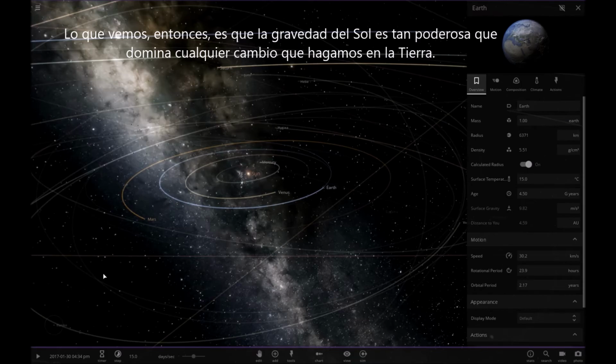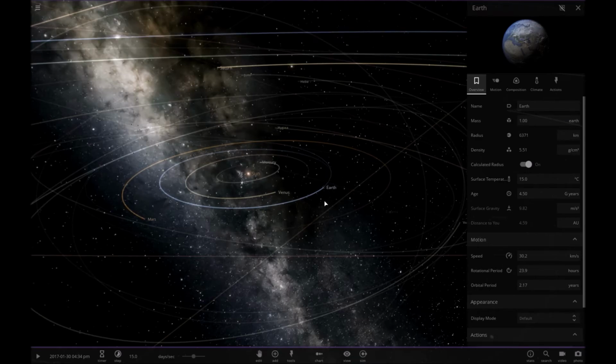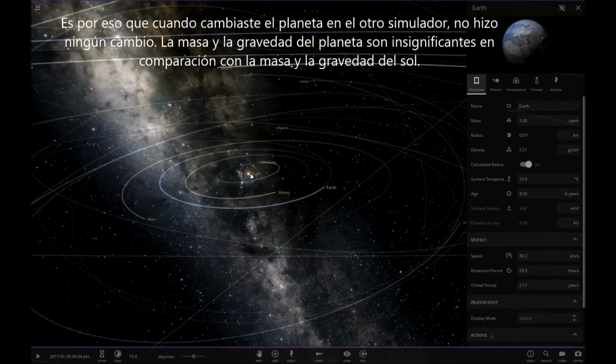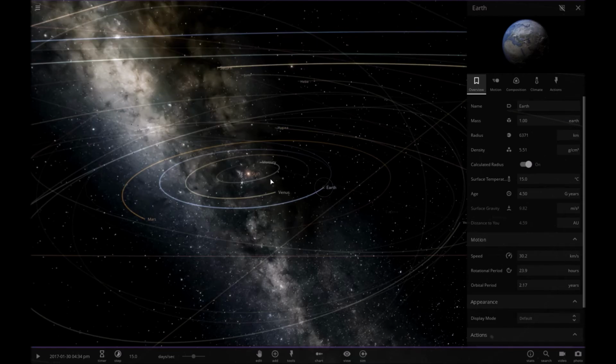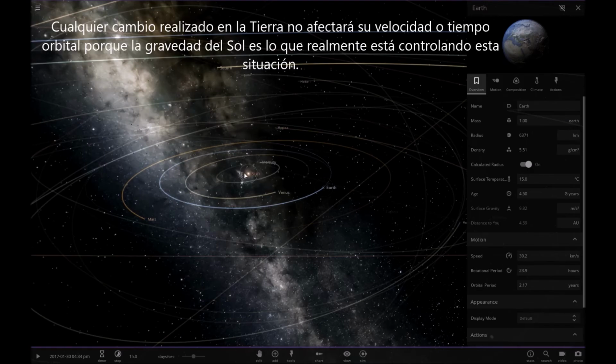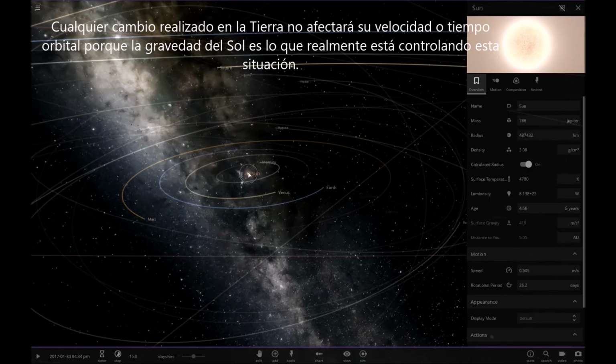So that's why when you're doing that simulator and you're doubling the Earth or making it half size, it doesn't really change anything, because compared to the sun, it's really nothing. The difference between these two in mass and gravity is so hugely different that any change to the Earth, unless we make the Earth like the sun, is going to make no difference in how fast it travels or how long it takes to go around, because the gravity of the sun is what the main power is in this equation.